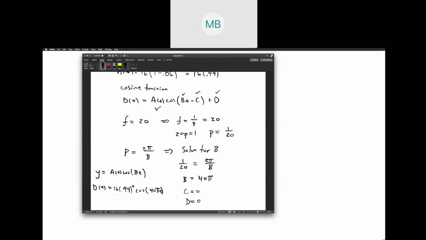If we plug in t at 0 here, cos of 0 is 1, and we're going to get 16 centimeters. So that's exactly what we want, because we pulled the spring down 16 centimeters initially. In other words, we satisfied an initial condition that d of 0 is equal to 16 centimeters. So this really completes our problem right here.